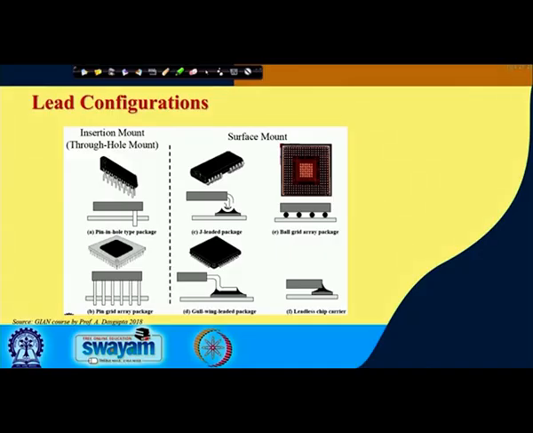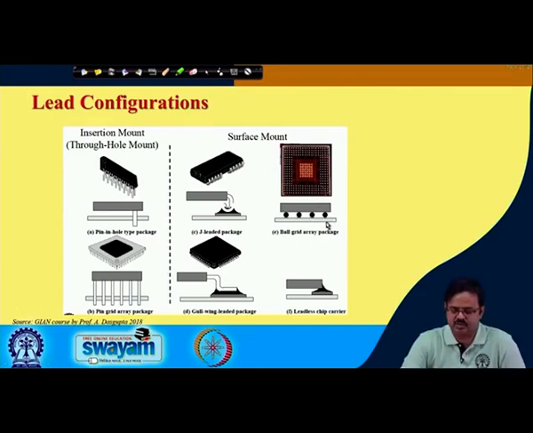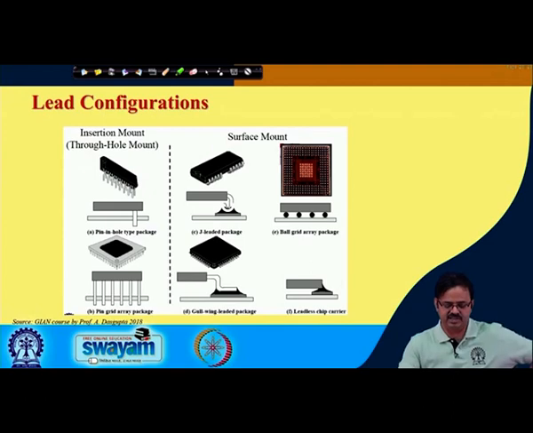All right. J-lead package, Gullwing leaded package, leadless chip carrier, we have discussed all this before, and now we have added on surface mount what is known as the ball grid array. So, as you see, the BGA is connected on this side of the motherboard. So, it is mounted on the surface, and each of these, as said before, also presents the reverse side of the surface for placement of other components.